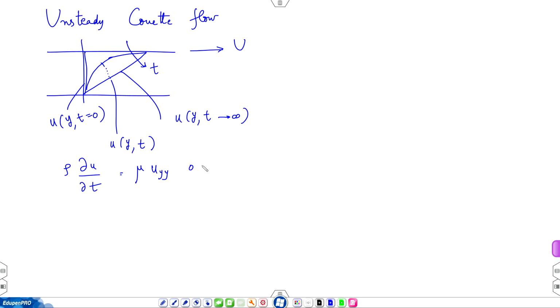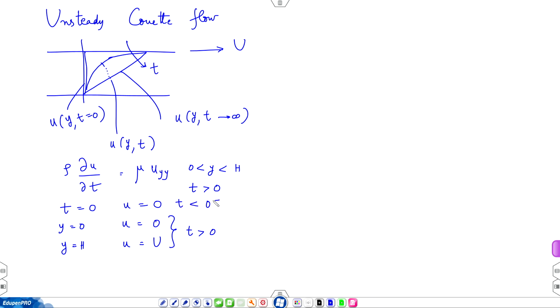So, mathematically the initial condition is the fluid is stationary, the boundary conditions are the lower plate is stationary while the top surface is given a velocity capital U for all time t greater than 0. So, somebody mentioned heat equation in this class.